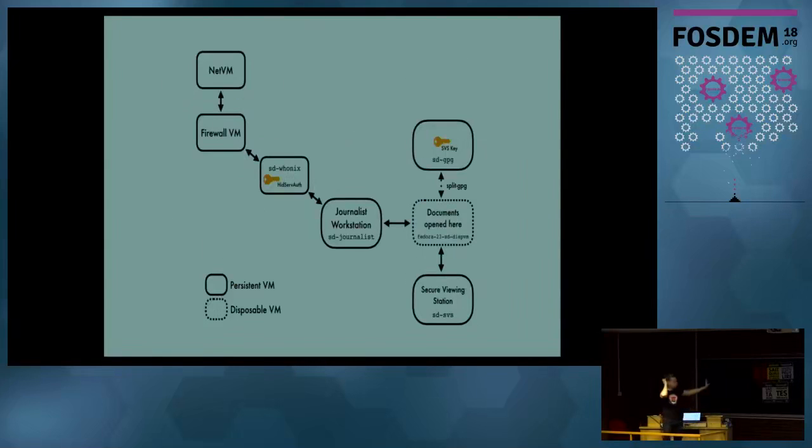This was brought up earlier in another presentation, but loosely, this would be the workflow: the journalist connects through Whonix to have a nice Tor circuit out to the SecureDrop application server, pulls all this stuff down, and then each document would be opened in a disposable VM.